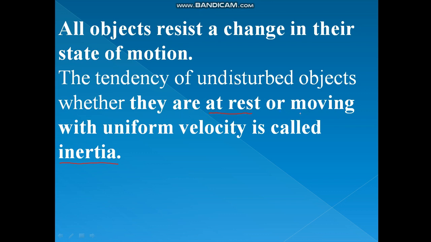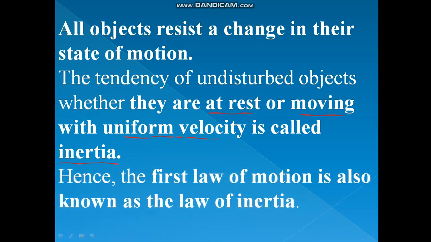We are also talking of the bodies which are moving with uniform velocity, and we are saying that they have a tendency not to be disturbed. So the tendency of an object at rest or in motion to resist any change in its state is known as inertia. Hence, we can say the first law of motion is also known as the law of inertia.